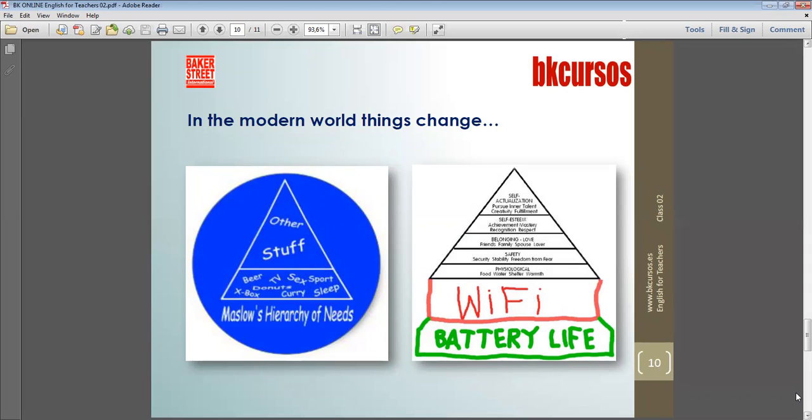All right. And then on the right, maybe those are Monica's students as well. What do they need? Their phones. Okay. Battery life, Wi-Fi, and then the rest, that's afterwards. The food, water, sleep, we can look after those later on. Okay, good. All right then.